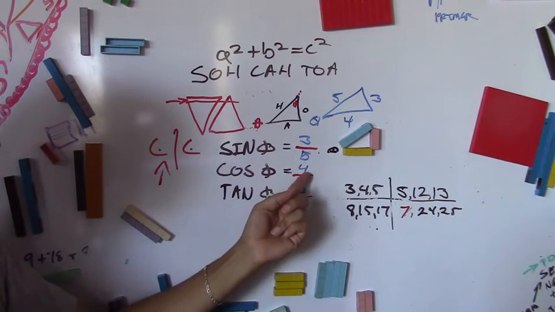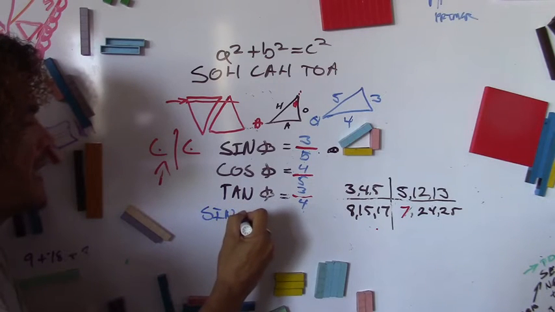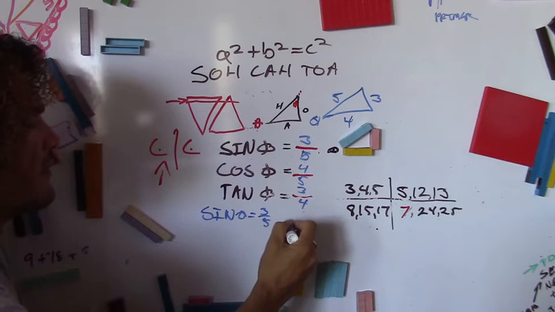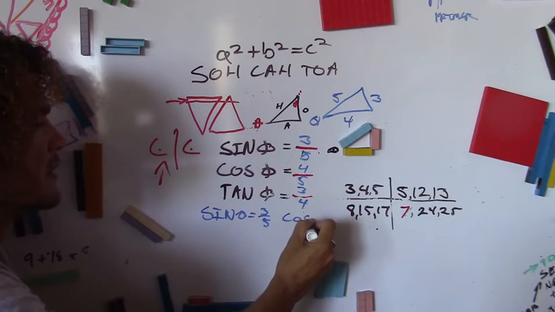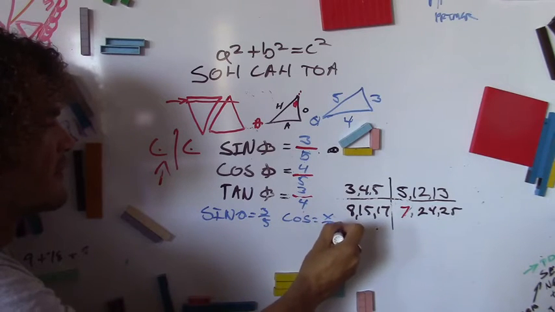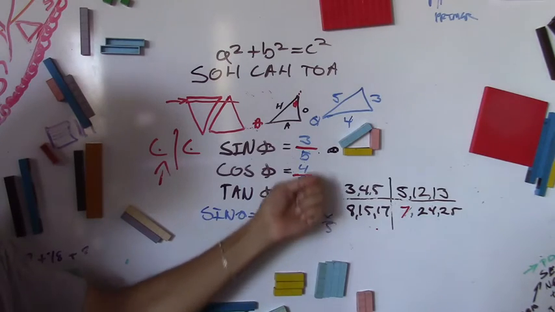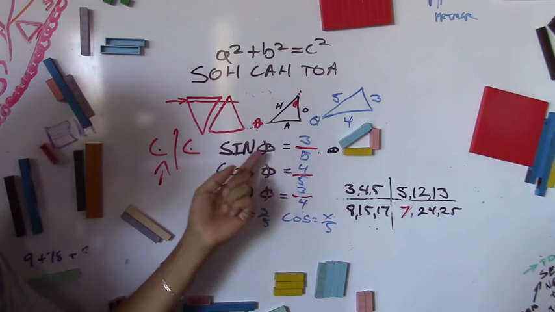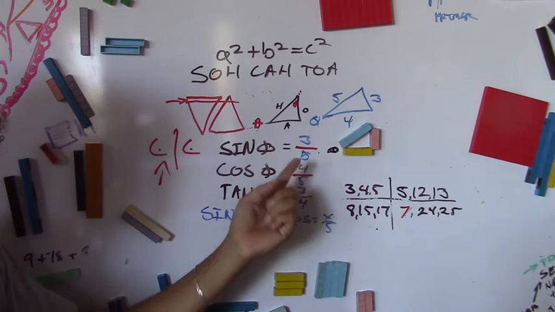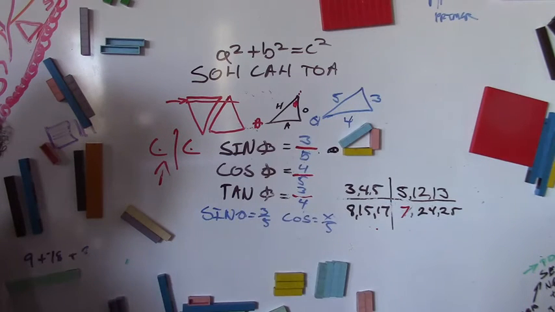So if I say I have a problem, sine theta equals 3 over 5, then cosine equals x over 5. If I don't know my Pythagorean triples, then I have to do a lot of work to put a 4 there. If I know my Pythagorean triples, then I can just draw it: if that's 3, that's 5, that's got to be 4.